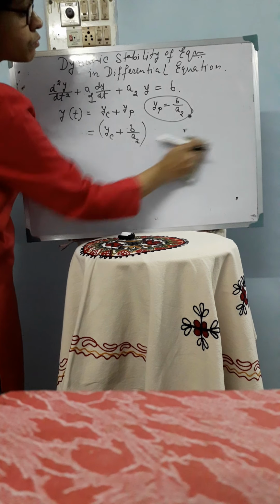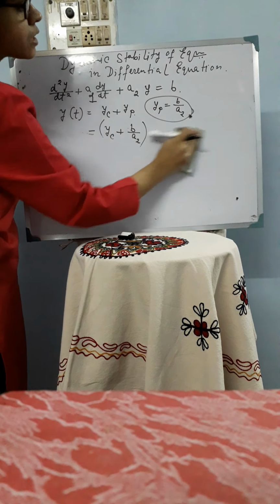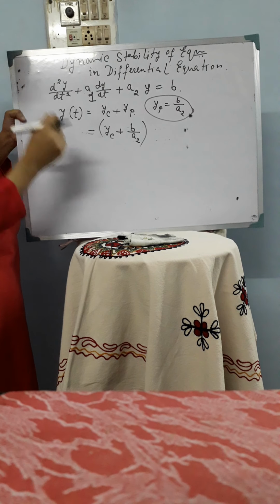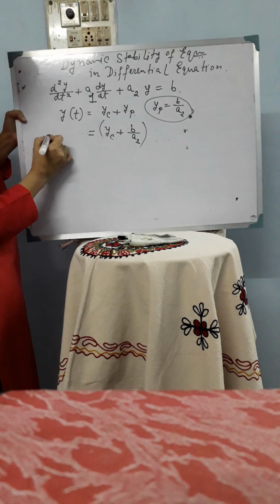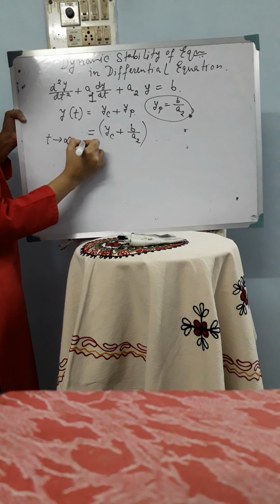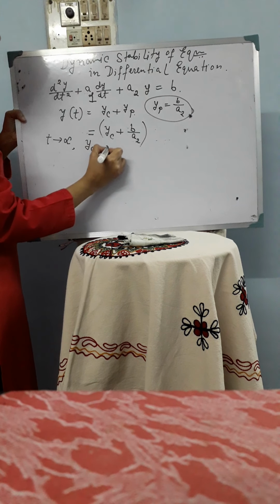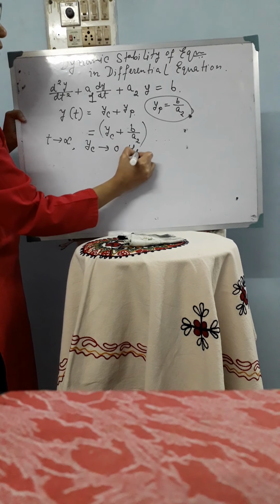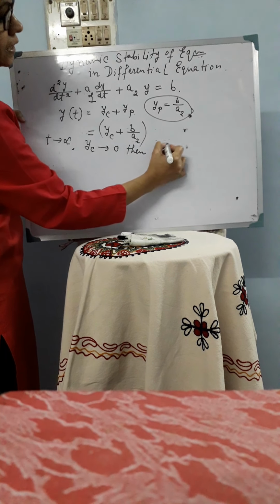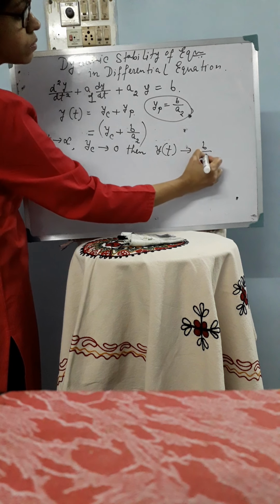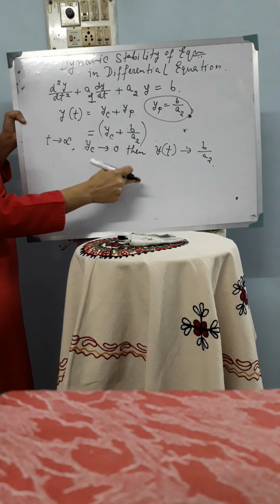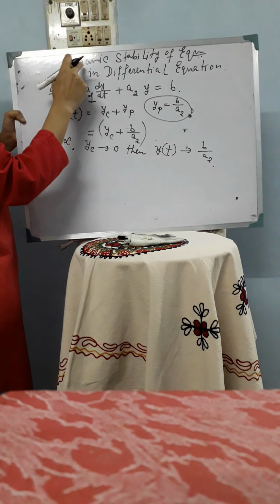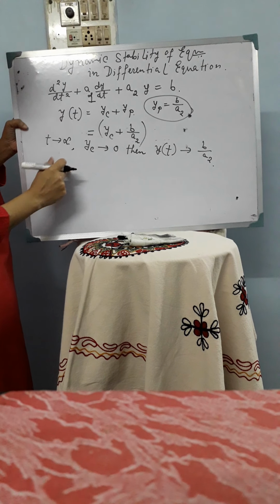Whether we will get a dynamically stable equilibrium or not will depend on the value of yc. So if t tends to infinity and yc tends to 0, then y(t) tends to b by a2, and the differential equation equilibrium has a dynamic stability.